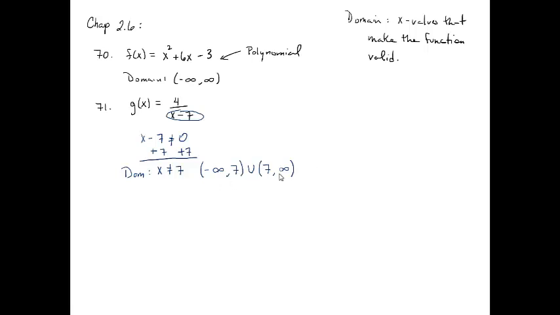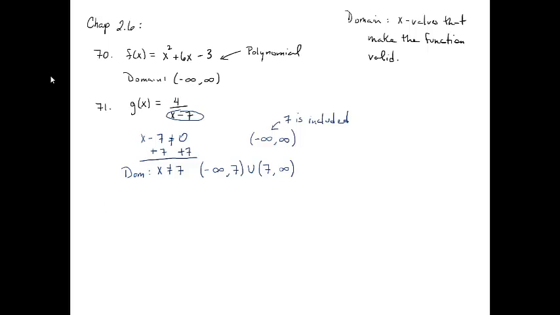This interval is not the same as saying negative infinity to infinity, because here, 7 is included, whereas for this one, 7's not included. Remember, a parentheses means do not include. So it goes up to 7 and after 7, but it does not include 7. And that's the domain for number 71.